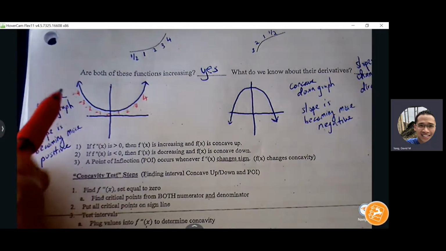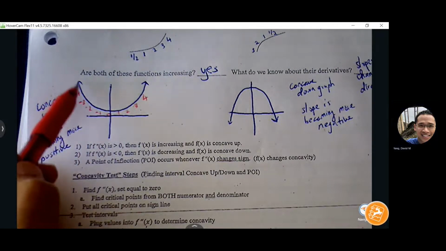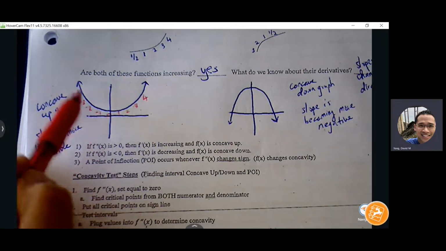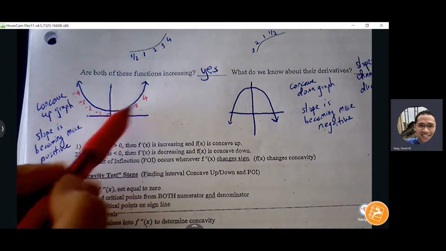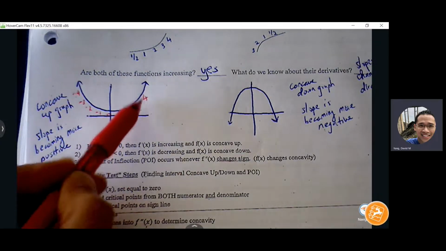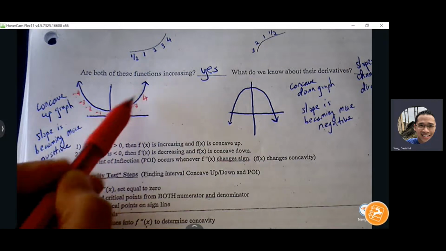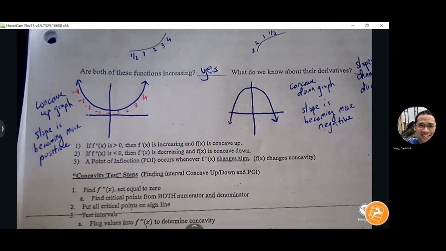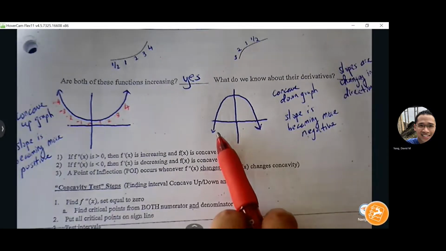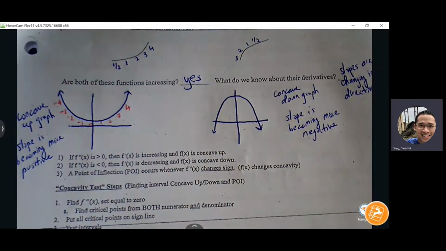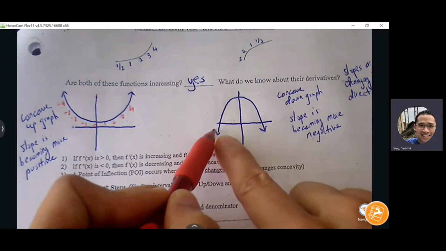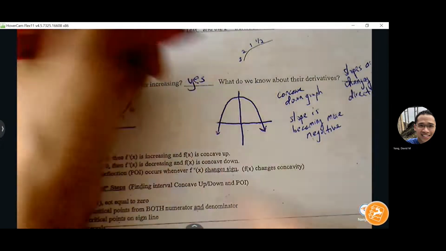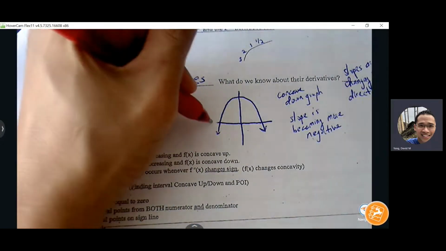So if your slope is moving in the positive direction, your graph is going to resemble this. It's going to have this curvature. It's going to feel like a right side up U, or a parabola opening up. Now let's look over here. From left to right, what do you notice about these slopes? Do I start positive or negative?